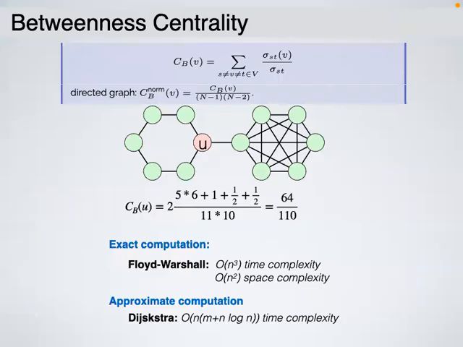So the best is to explain it with a figure like this, in which we want to compute the betweenness of that node. So what we need to do is to compute all the shortest paths between all the other nodes. Okay, so I compute the shortest path between this node and this one, this one and this one, and so on and so forth. So I compute all the shortest paths between all the nodes.